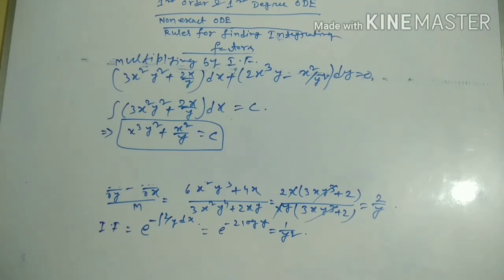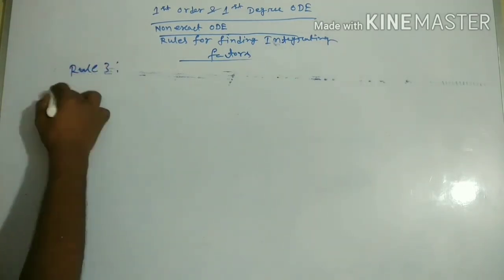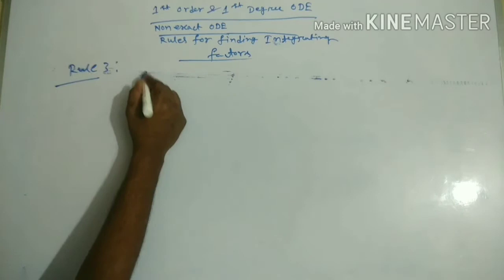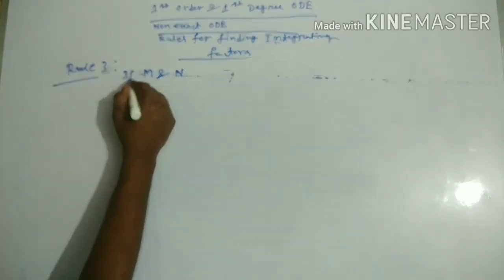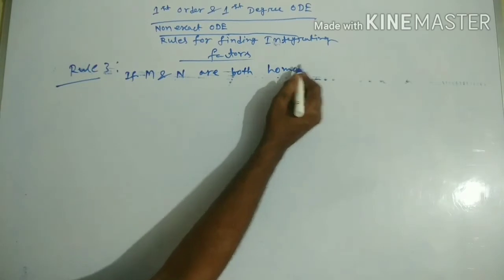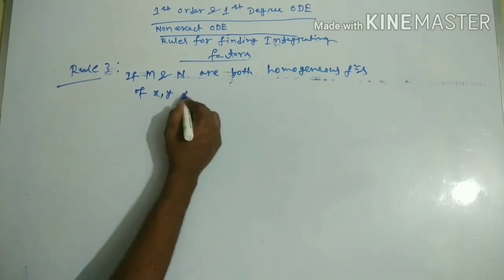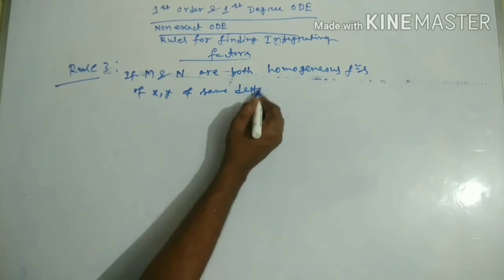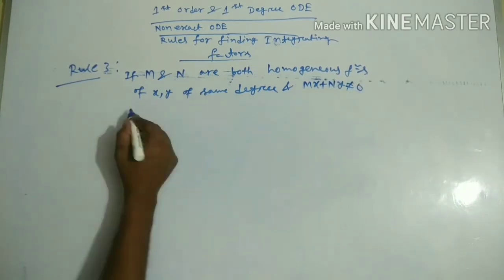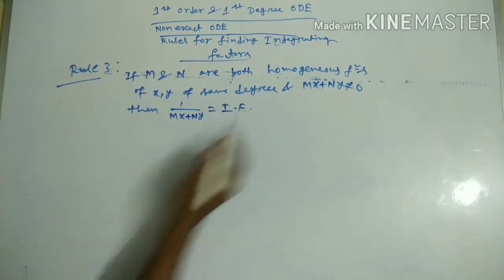Now we will discuss rule number 3. Rule number 3 states that if M and N are both homogeneous functions of x, y of the same degree and Mx plus Ny not equal to 0, then 1 by (Mx plus Ny) is the integrating factor.